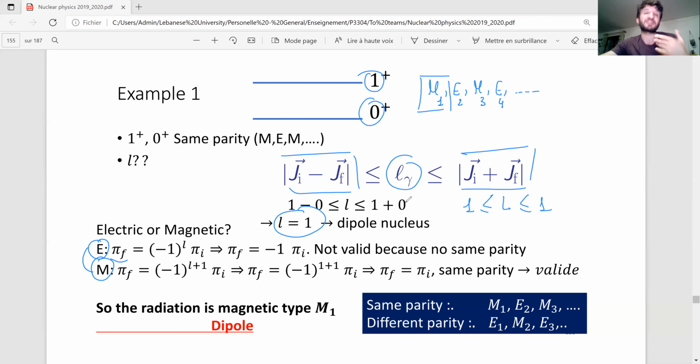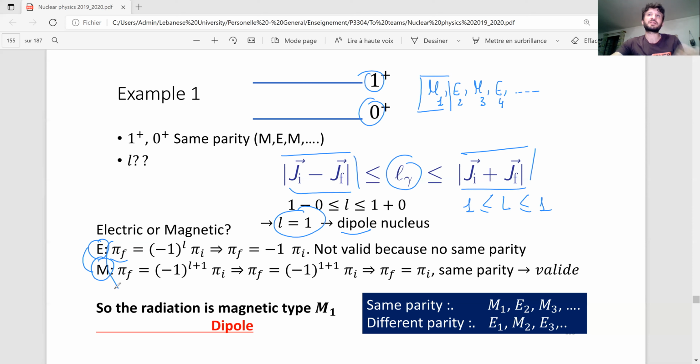Now I know the multipolarity. The multipolarity is dipole, but I don't know the nature of the transition. In this case, we have to find whether it is electric or magnetic by writing these two relations between pi initial and pi final. In the case of electric, we have pi final equals -1 to the power L times pi initial.